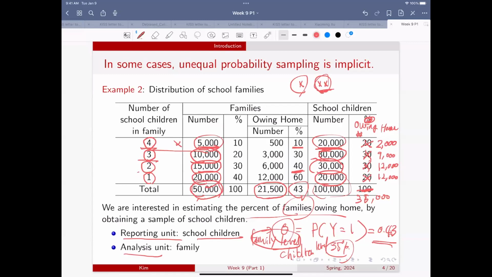So that means unequal probability sampling is implicit, because the selection probability is 1/3 and 2/3.